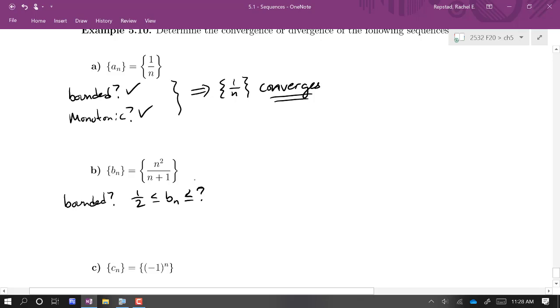As n gets bigger, is there a limit to how much these terms can grow? There actually isn't. There is no upper bound. The top is polynomial growth, n squared, like a quadratic, and on the bottom is linear. So the growth on top will outpace the growth on the bottom.